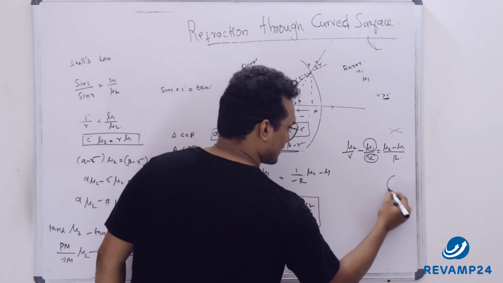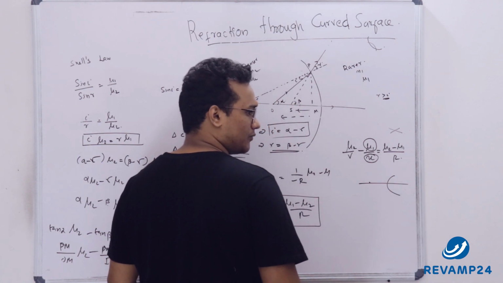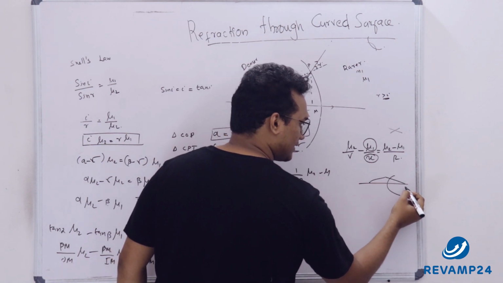See, this was the example. In the rarer medium we kept the object and the image is at the denser medium.